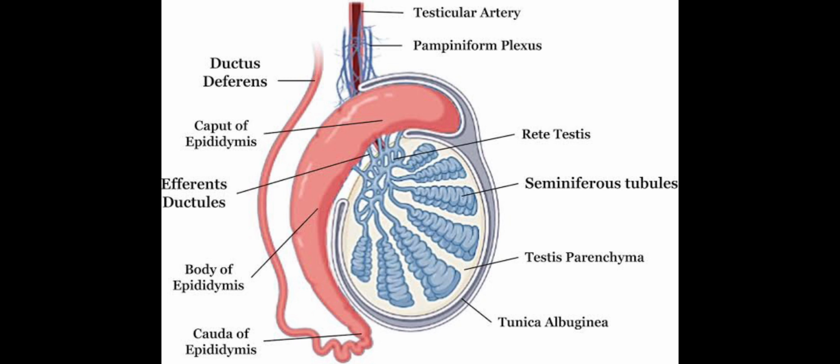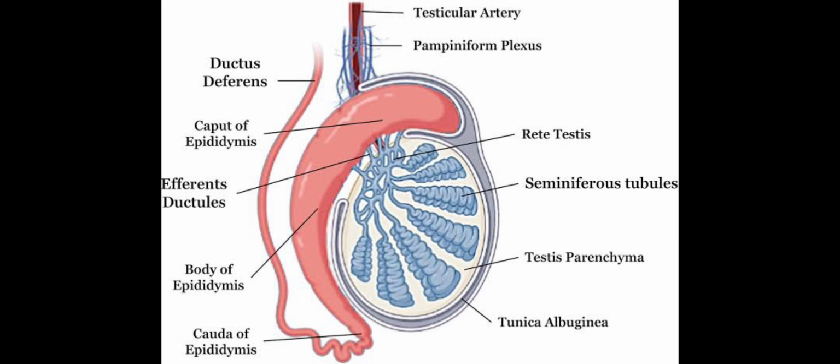Now there are two main components of the testes. One is the seminiferous tubules, and the other is the interstitial tissue. The seminiferous tubules make up 70 to 80%, while the interstitial tissue is 20 to 30%. There are around 600 to 1200 seminiferous tubules, and combined they give a length of 250 meters.